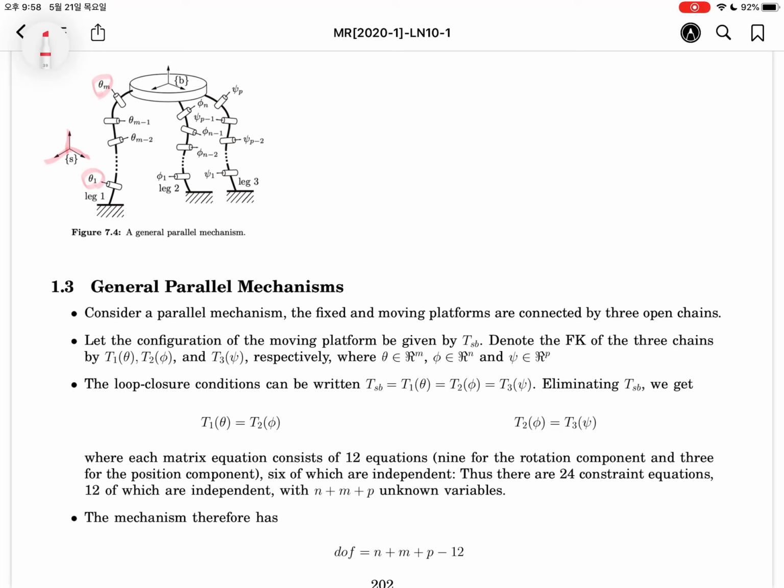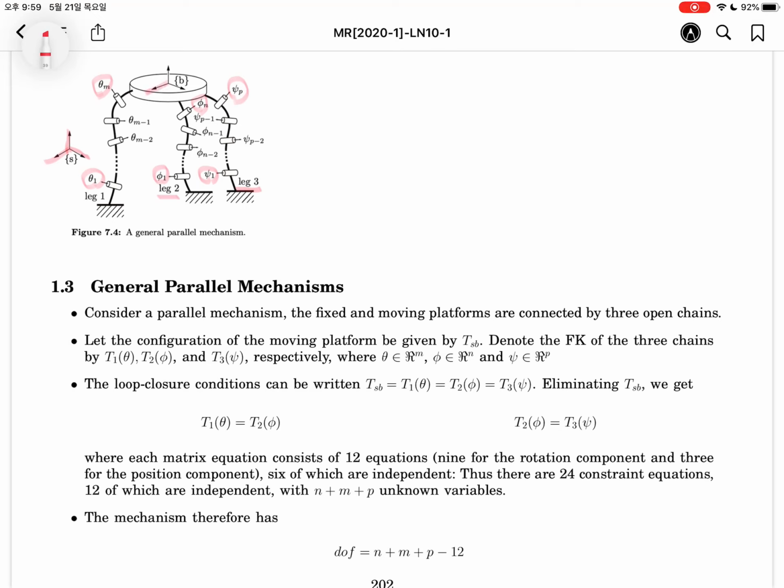The second leg, leg 2, has phi 1 through phi n. N joints exist in leg 2. Leg 3 has psi 1 through psi p. So all the joints will be m plus n plus p.